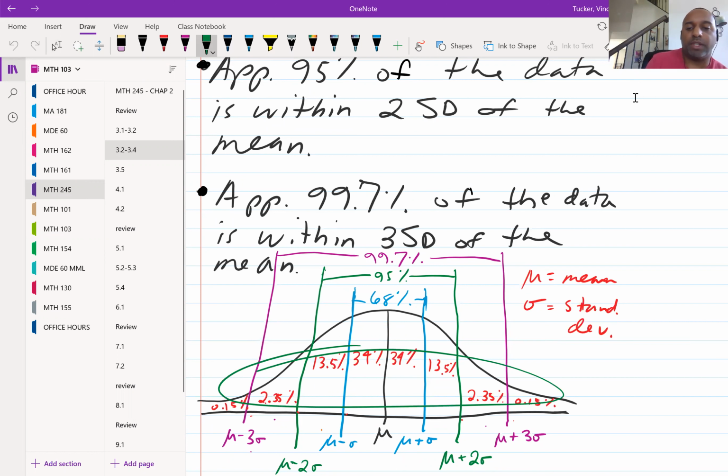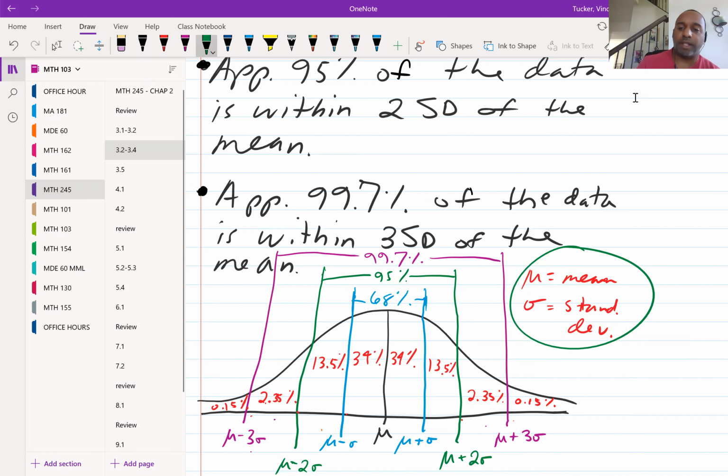So these percentages here, they never change. That's a part of your empirical rule. The numbers down bottom will change according to the information that you're given. So we'll look at an example and show you what I mean in a second. But this is a visual for the three statements that were just made.